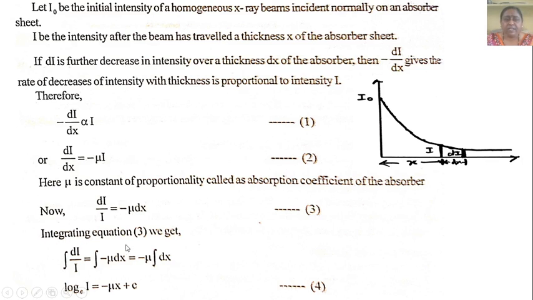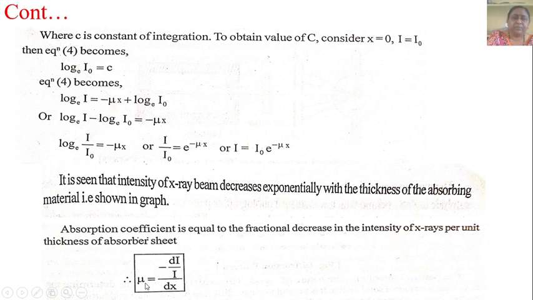So integrating the equation, we get integral of dI upon I equal to minus mu integral of dx, taking mu outside the integration. So log of I to the base e is equal to minus mu x plus c, where c is a constant of integration.